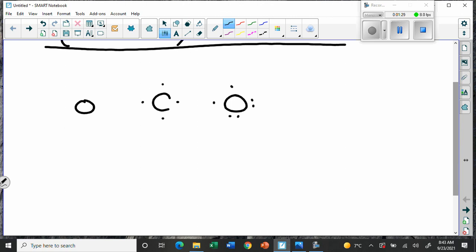It was something like this. Say like that. And then we saw that these dots represent the outermost electrons, so 6 outer electrons for oxygen and 4 for carbon. And then it's just a matter of looking where the unpaired electrons are, like here and here. And what could happen is a sharing could occur.